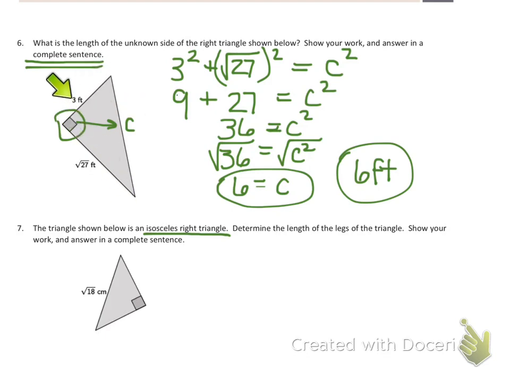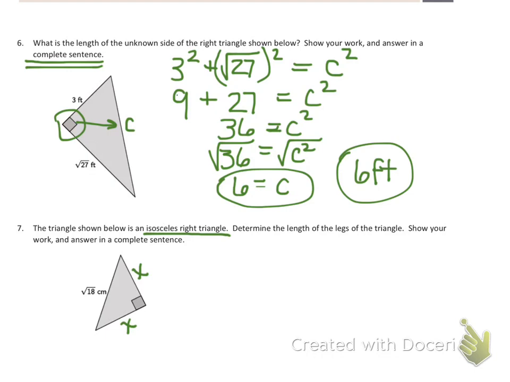But if we're missing 2 sides, then we might have a problem. But this problem is a little bit different because in an isosceles right triangle, the side lengths are equal to one another. So I know I can use the same variable for both side lengths, and then I only have one variable to solve for.